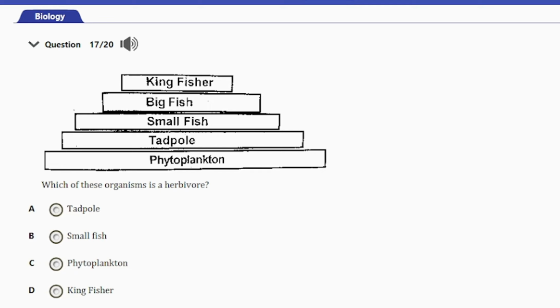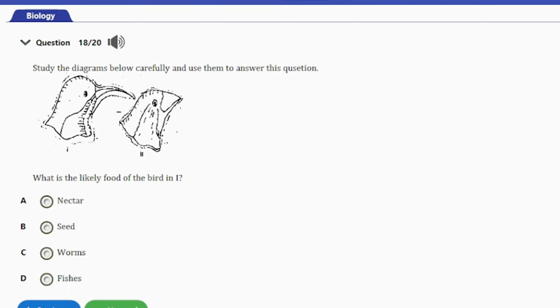So tadpole is the herbivore here, because phytoplankton, which is at the first level here, is actually a primary producer or a producer here. So since the phytoplankton is the producer, the organism that feeds on it is definitely a herbivore, and that's the tadpole.